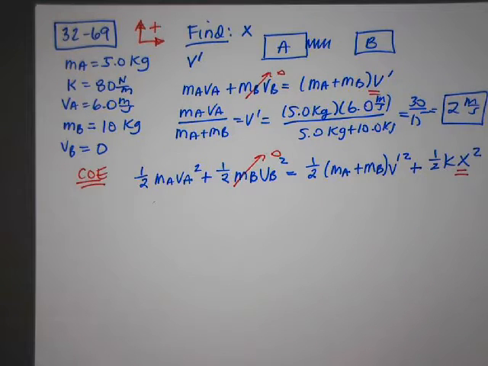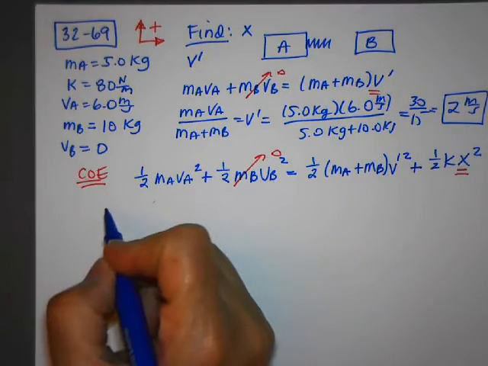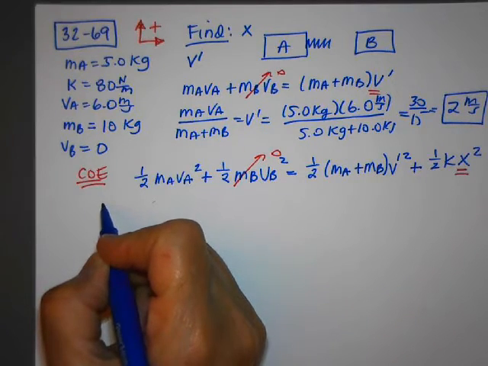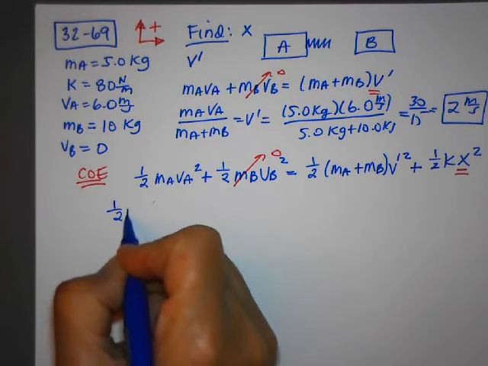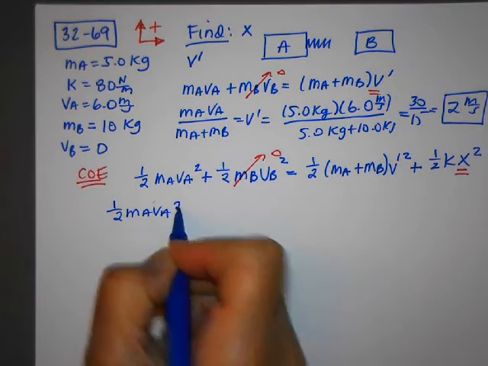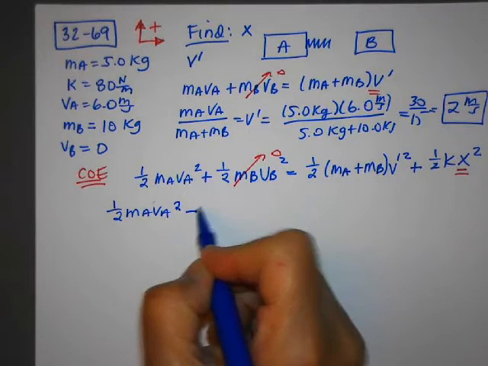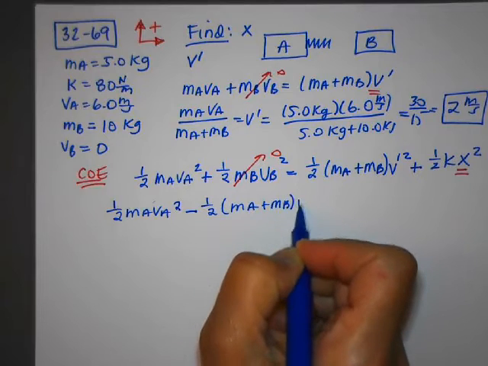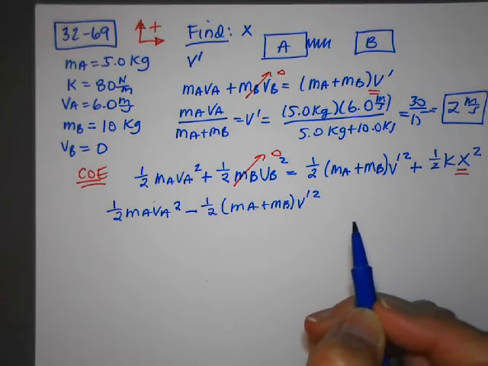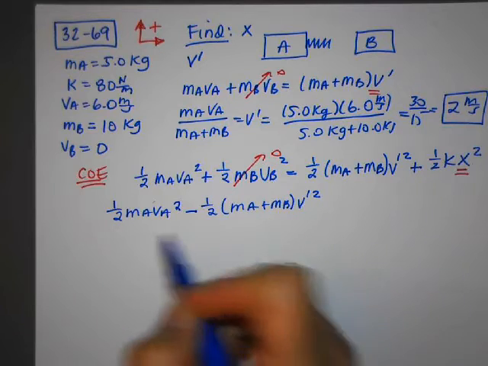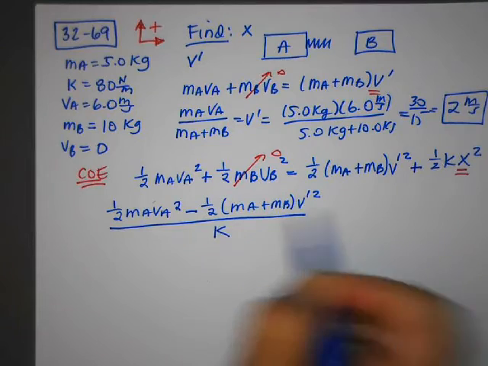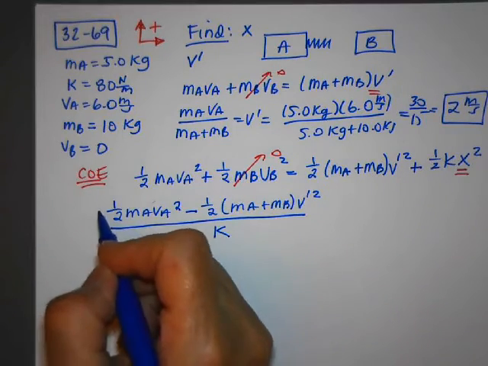If we rearrange this, it's going to be messy, but I think we can do it. I don't think I'm going to do some fancy algebra. I'm going to say 1/2 MAVA squared minus 1/2 (MA plus MB) V prime squared, divided by K. If I have the 1/2 there, I have to multiply by 2.